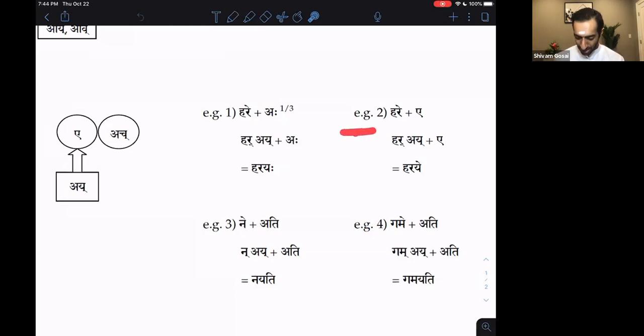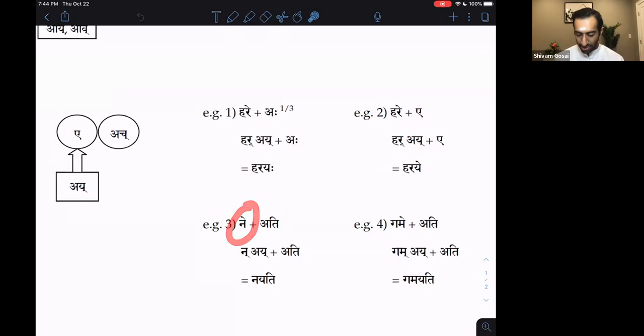All right, number 2. Hare, this is the 4-1 of hari-śabdha. Hare plus A becomes haraye, because when A precedes any vowel, that A is going to get replaced by I, becoming haraye. Ne plus ati.